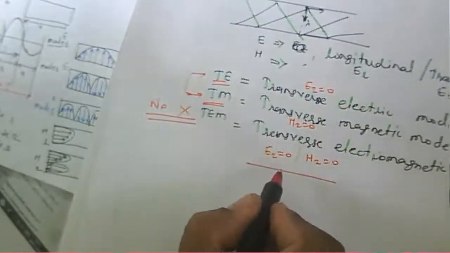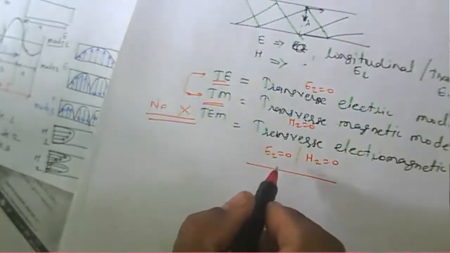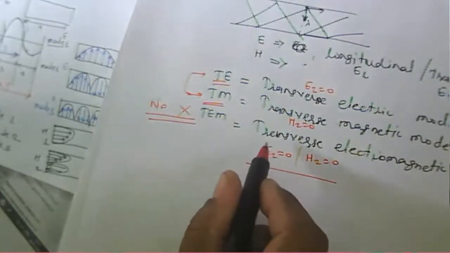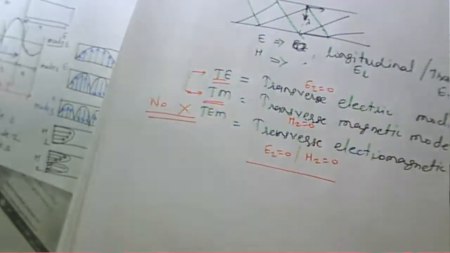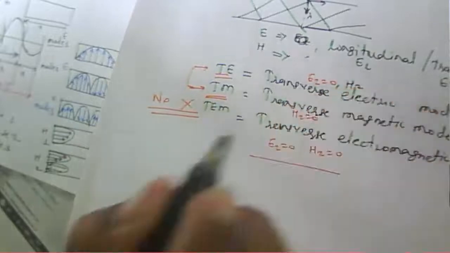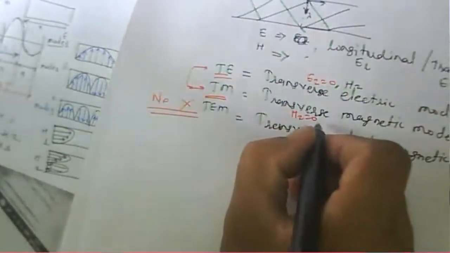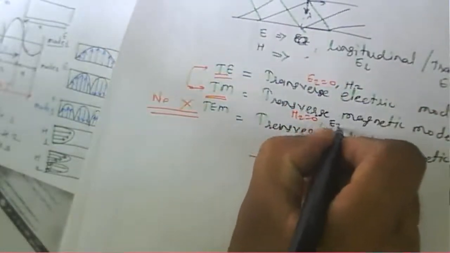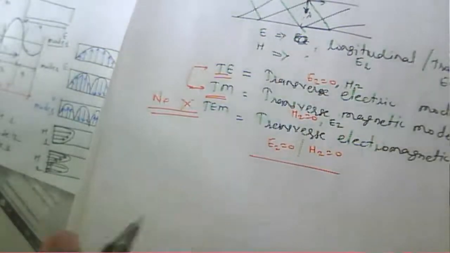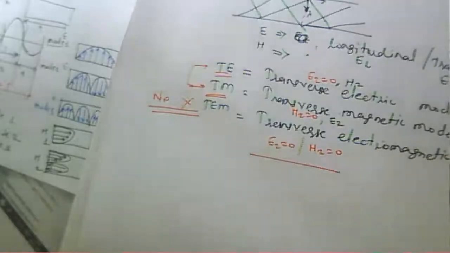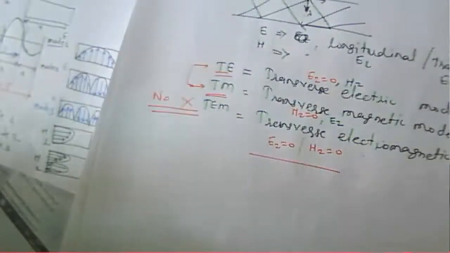If both Ez and Hz are 0 in a waveguide, then the waveguide will not support that TEM wave. In the case of a TE mode, Ez is equal to 0 but Hz is present. In the case of a TM mode, Hz is 0 but Ez is present. Any one component along the Z direction must be present, and then the waveguide supports it.